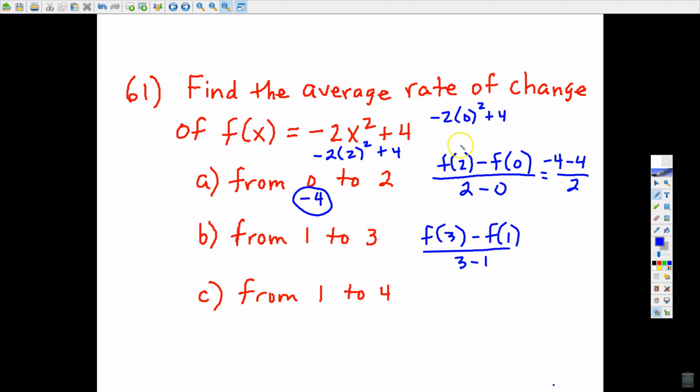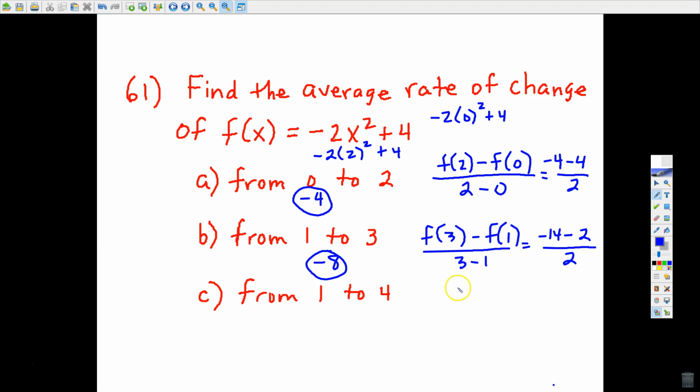Okay, so let's take a look at f of 3, see if we can do this mentally. 3 squared is 9. 9 times negative 2 is negative 18. Plus 4 is negative 14. Minus, now let's do f of 1. 1 squared times negative 2, that's negative 2. Plus 4, which is 2, all over 2. So we got negative 16 divided by 2, which is negative 8.